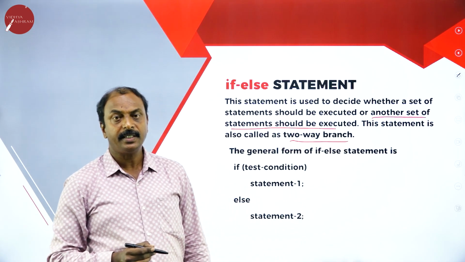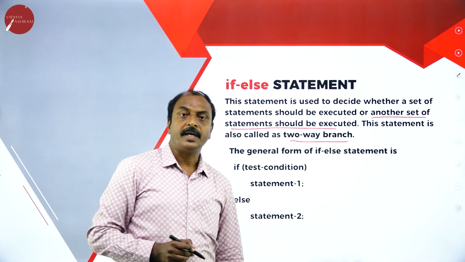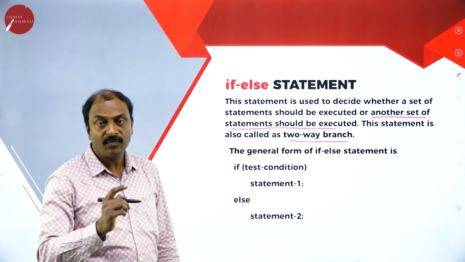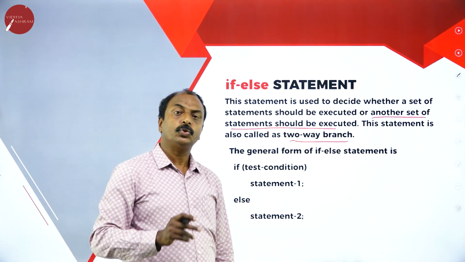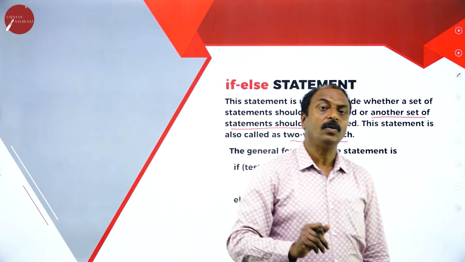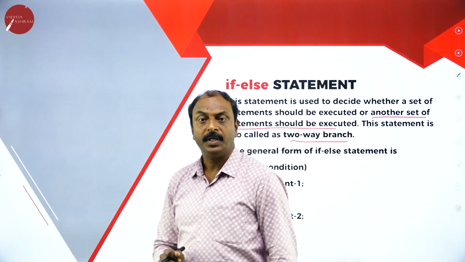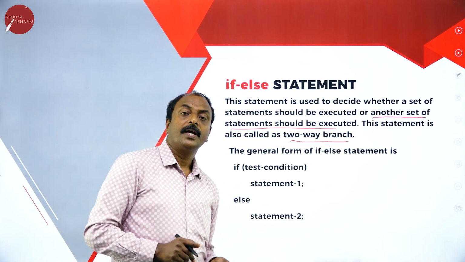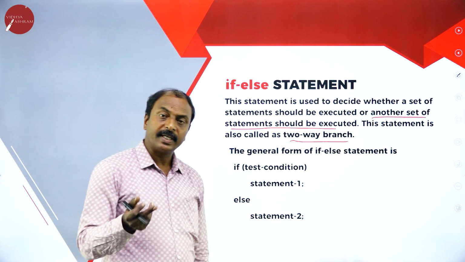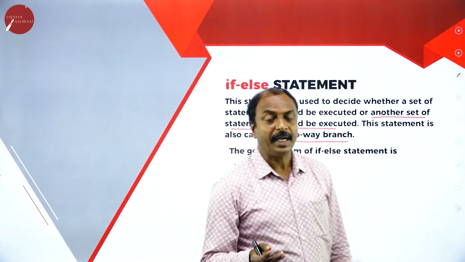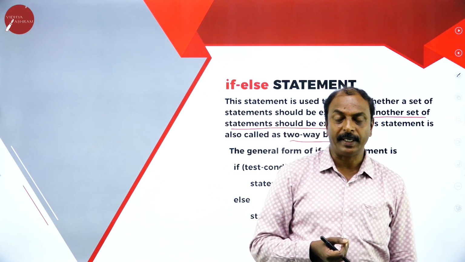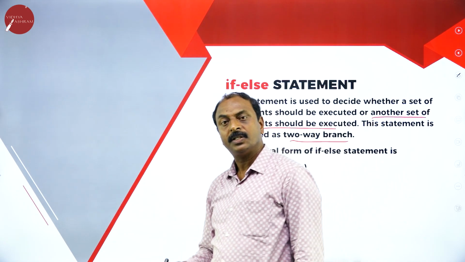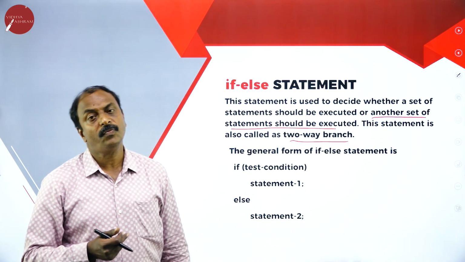And please remember that the simple if statement is called one-way branching because it works with only the true part of a condition. Here the if else statement is called two-way branching, means it works for both conditions. If it is true, it executes one set of statements. If the condition is false, it executes another set of statements.